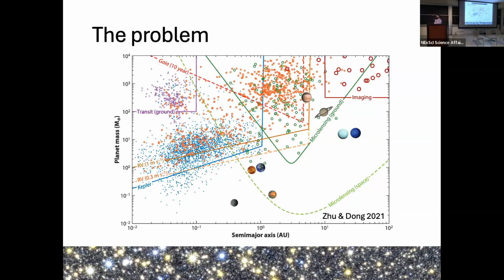But the thing that I want to point out on this plot is the solar system planets. Nearly all of them would not have been found by the present day surveys for exoplanets.